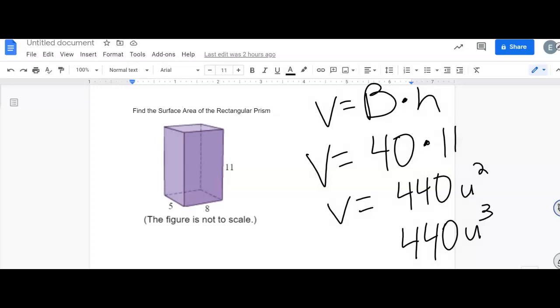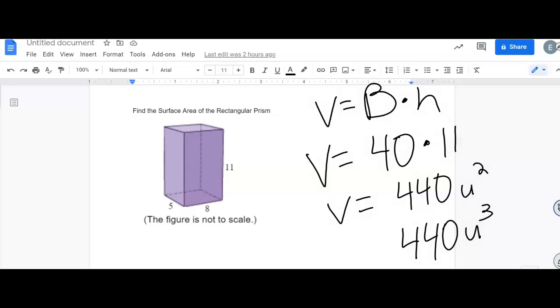Okay, now why is it units cubed? Emery. Come back to you. Jack.